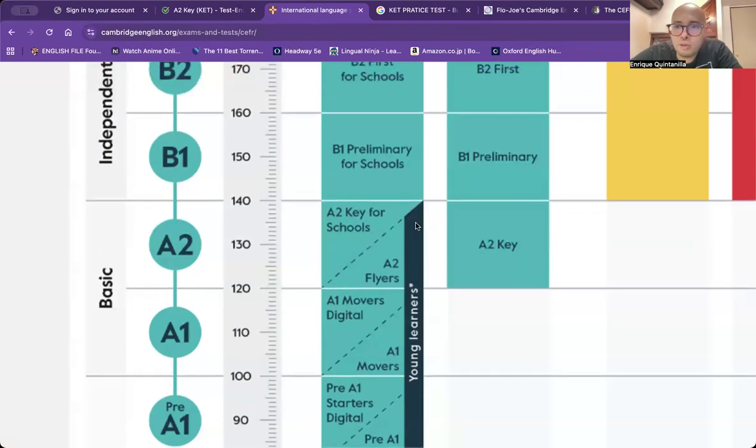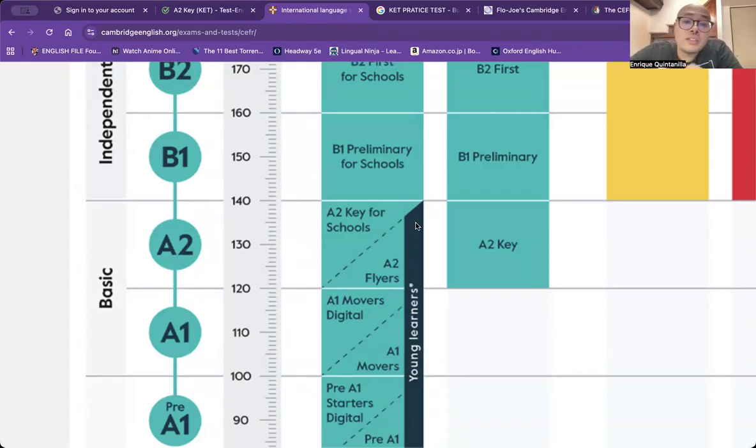Obviously, if you want an official certificate, an official exam, you have to pay. But here Cele is just to show that you have the level, that you show the competence of the language, and not only that, but also communicative skills as well.